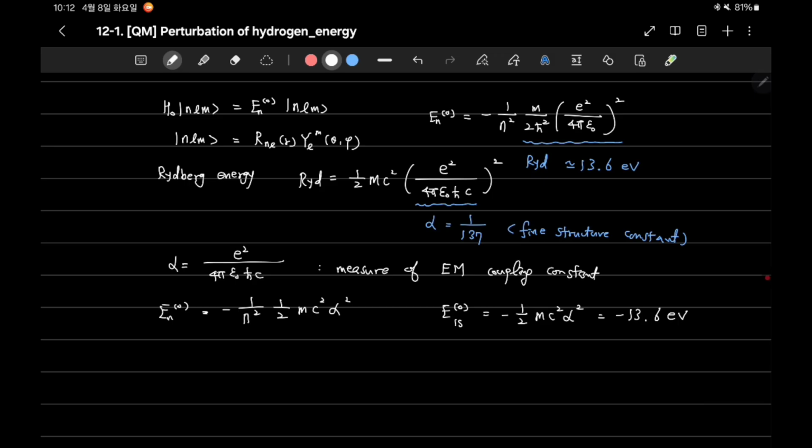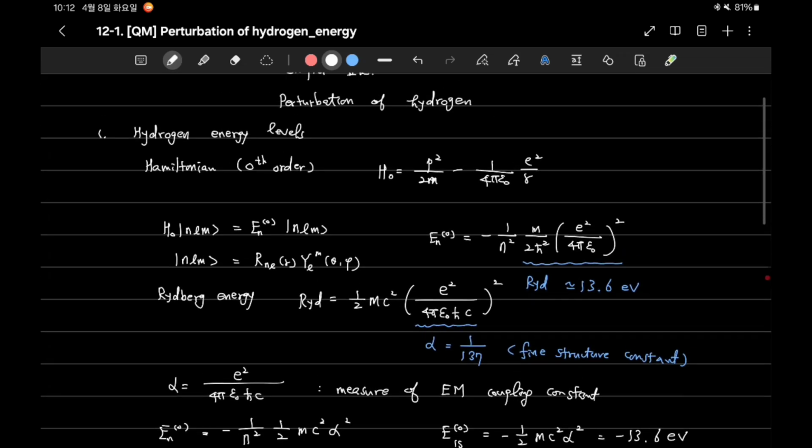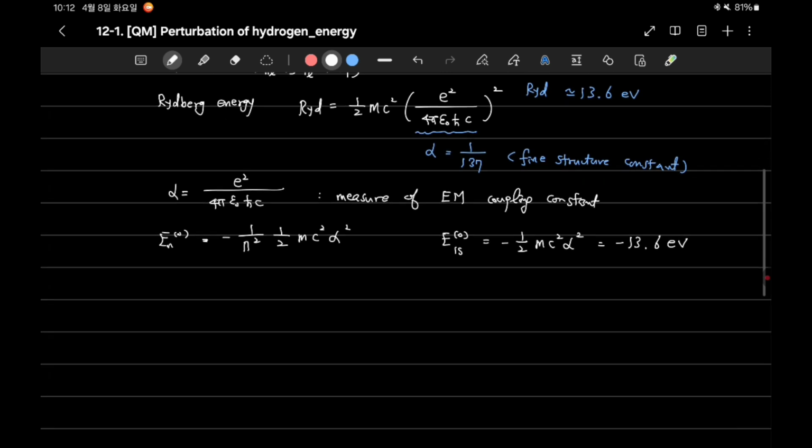Here, in this case, there is only the Coulomb interaction between the electron and the ion, the proton in hydrogen. But in many cases there are various intrinsic perturbative Hamiltonians.